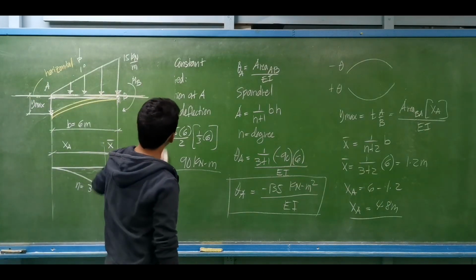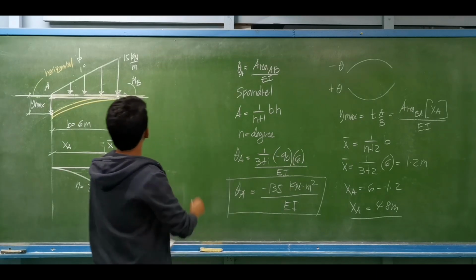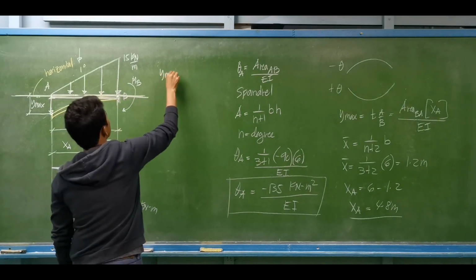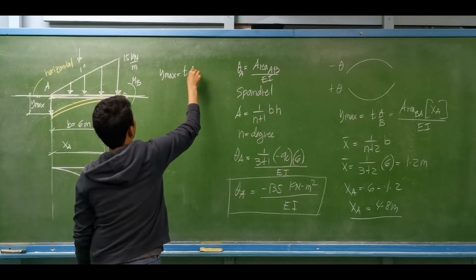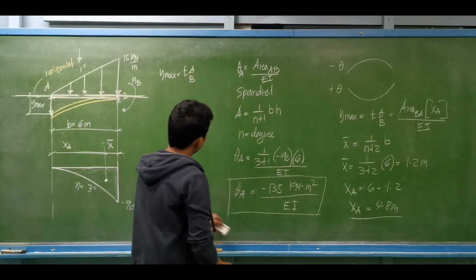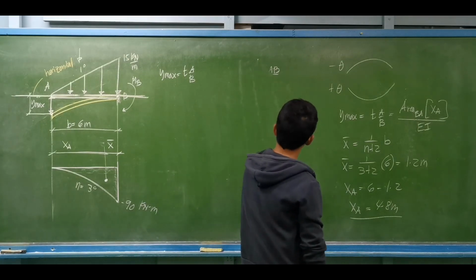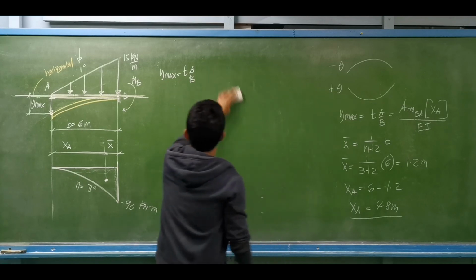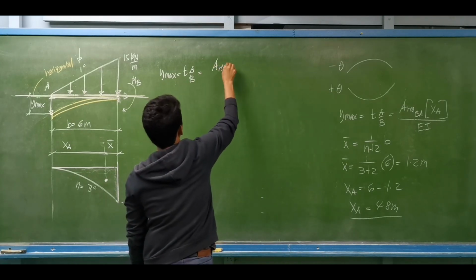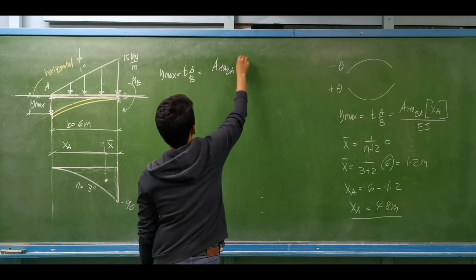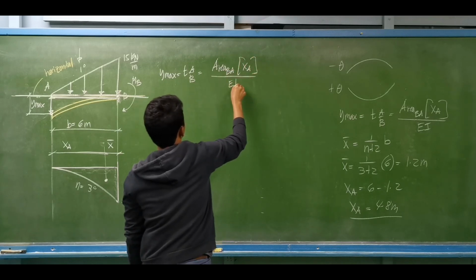So computing for the maximum deflection. Again, Y max is basically equal to the deviation from B to A. This is equal to the area of the moment diagram from point B to point A, multiplied by x of A, all over EI.